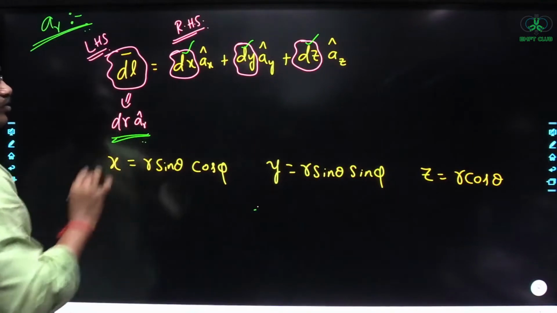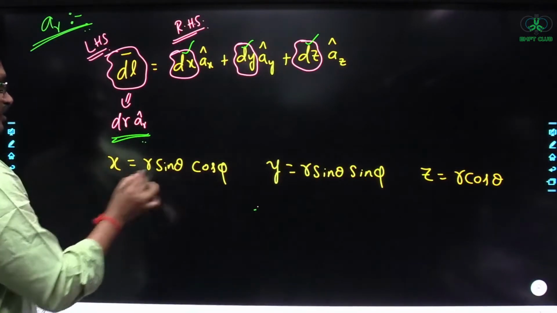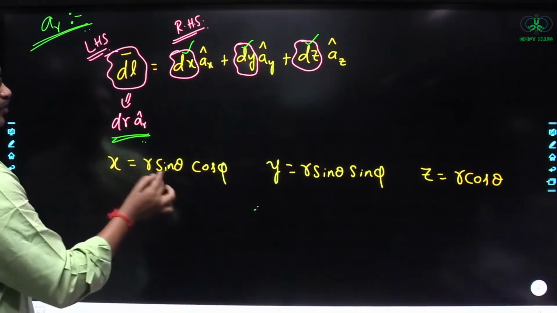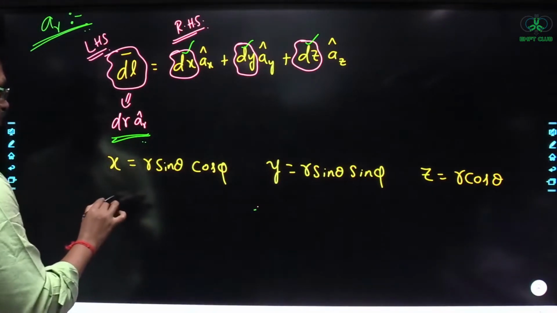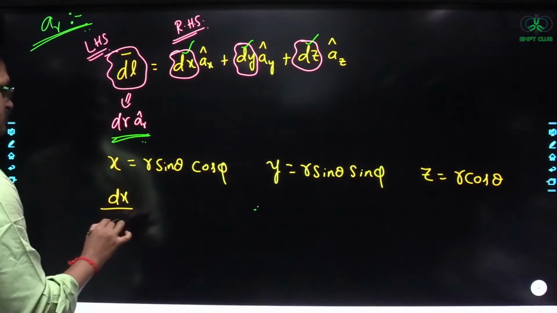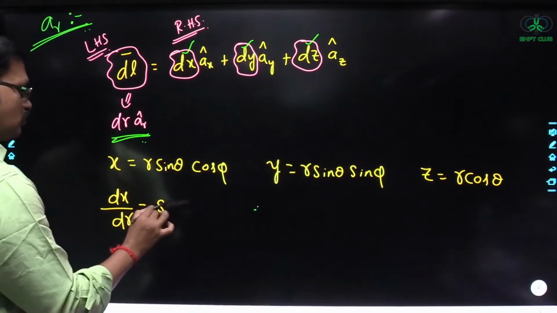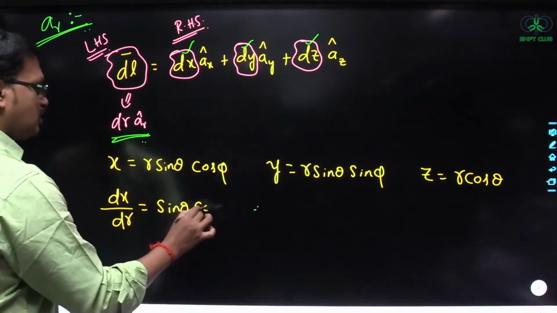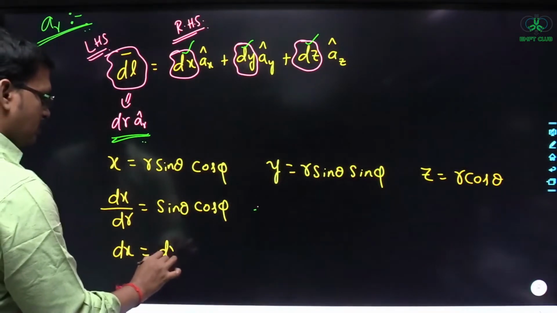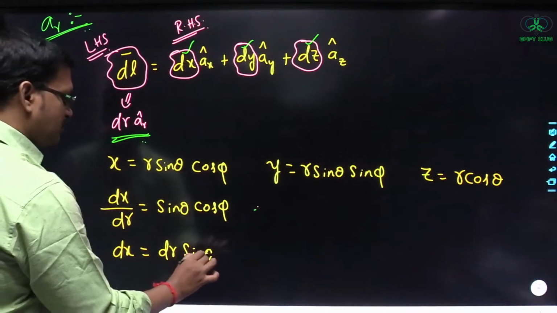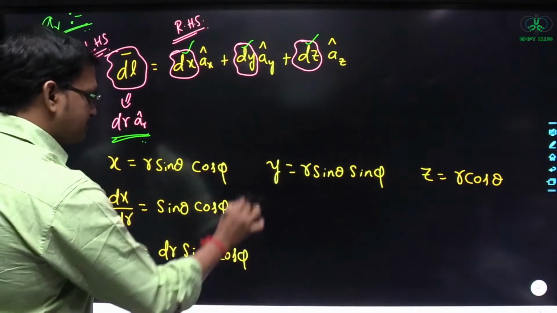Understood? So take this relation and differentiate on both sides with respect to r. Then you get dx by dr equal to sin theta cos phi, so dx is equal to dr sin theta cos phi.